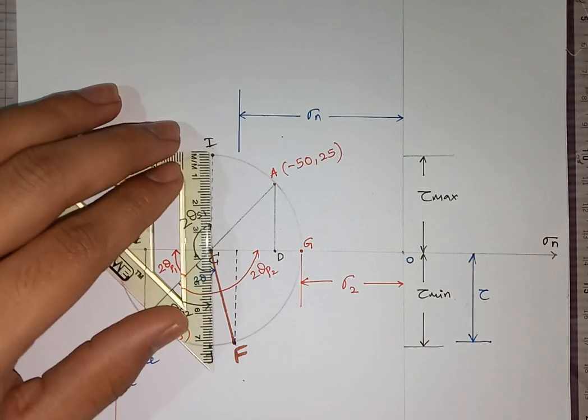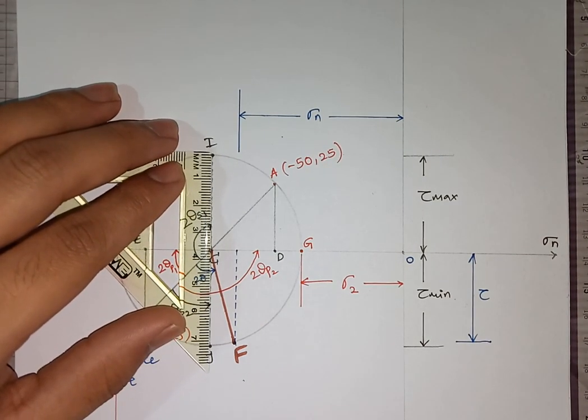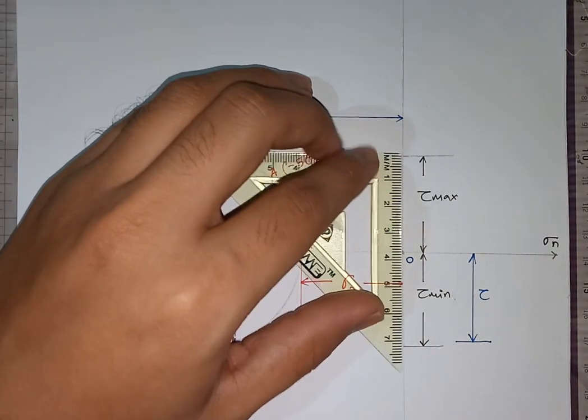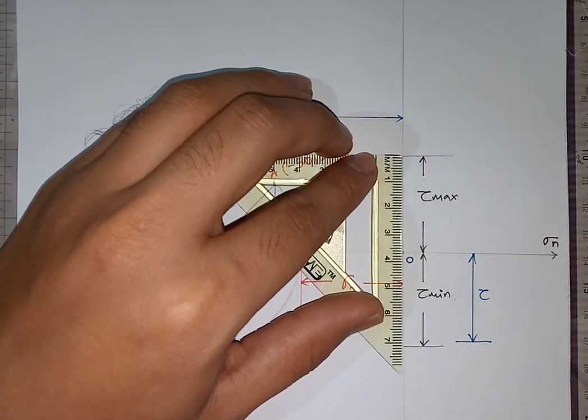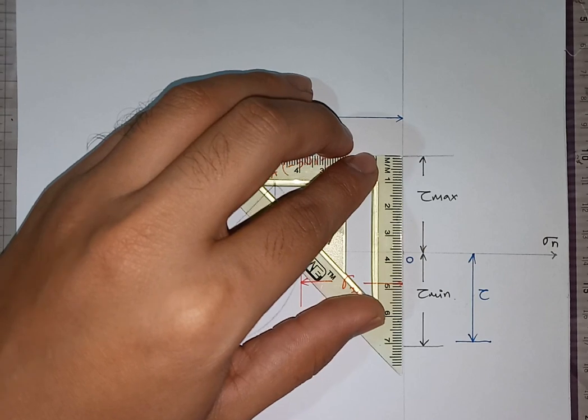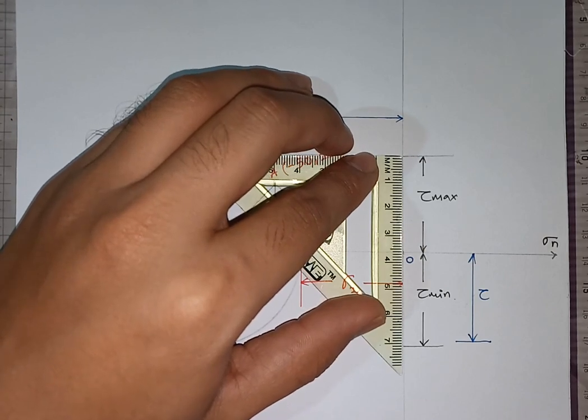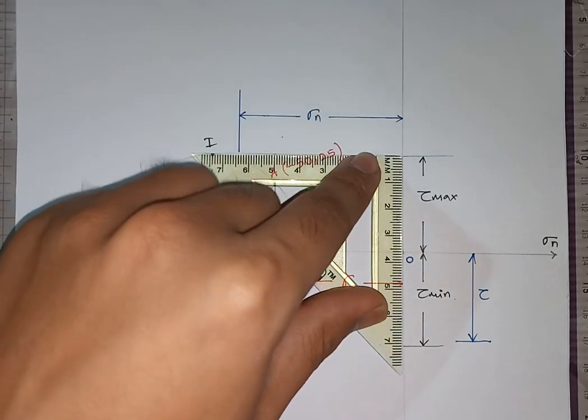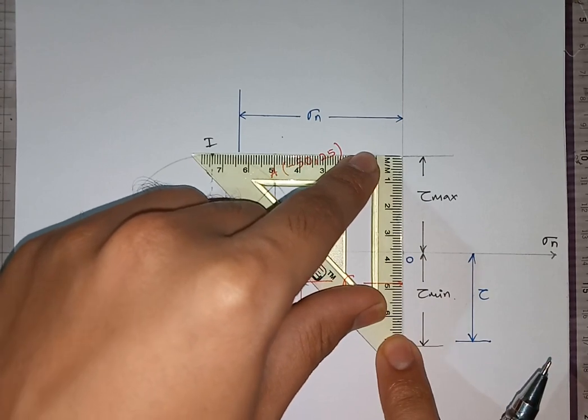If I check out the maximum shear stress, I can measure it here itself. That is somewhere around 36 MPa, because it is 36 mm.